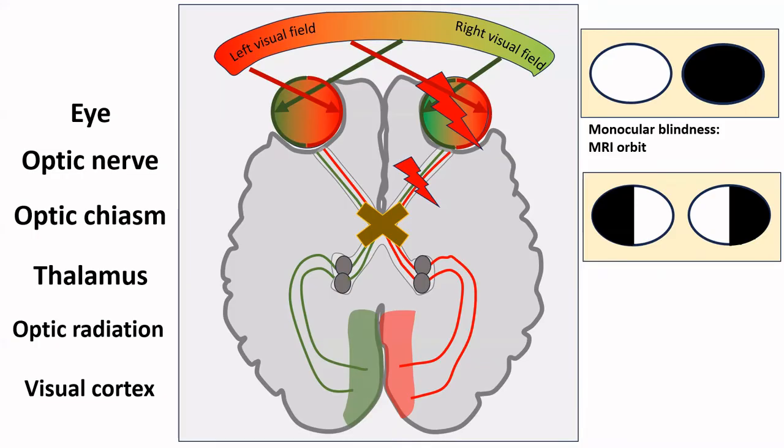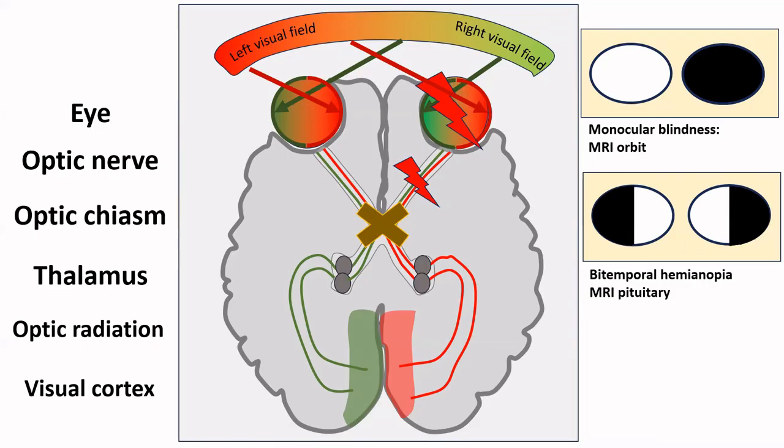We have visual field deficits in the outer region of both eyes, the temporal region, which can be understood taking into account the fact that information crosses centrally within the optic chiasm.